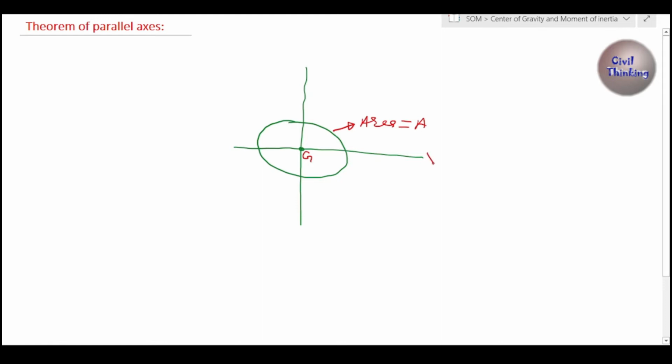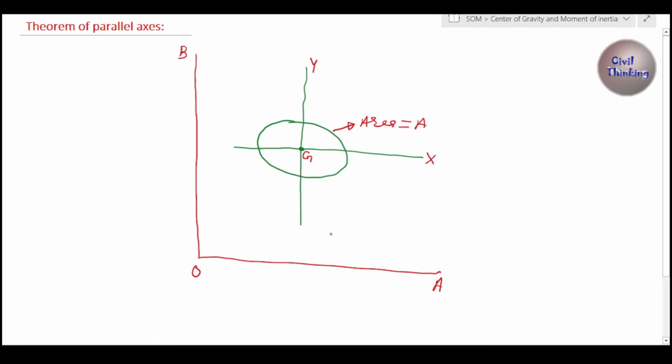Let this be the x-axis and let this be the y-axis, but the x-axis and y-axis are passing through this centroid G. Now I draw another set of lines here and here. Let this be O, this be A, and this be B.